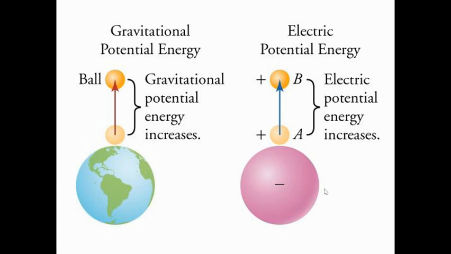If you were to release that positive charge, it would accelerate back naturally toward the negative charge. Just like with the gravity analogy, if you were to release a ball from some height above the ground, it will naturally accelerate down toward the earth.